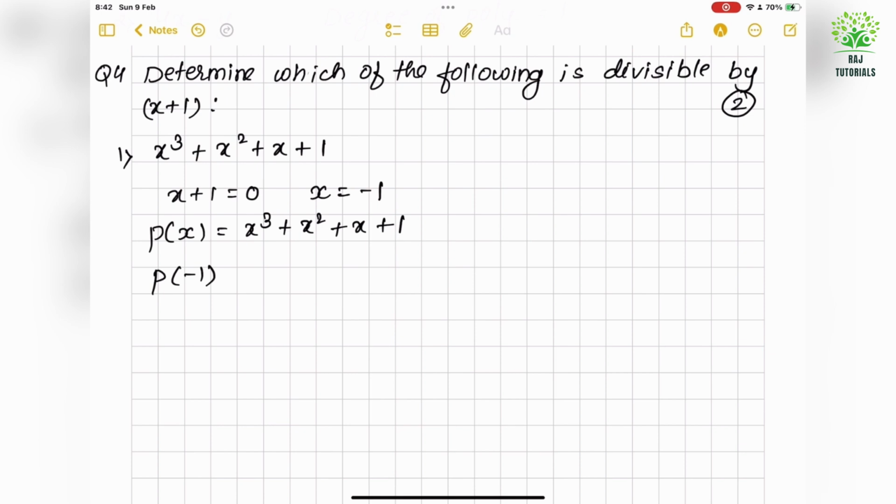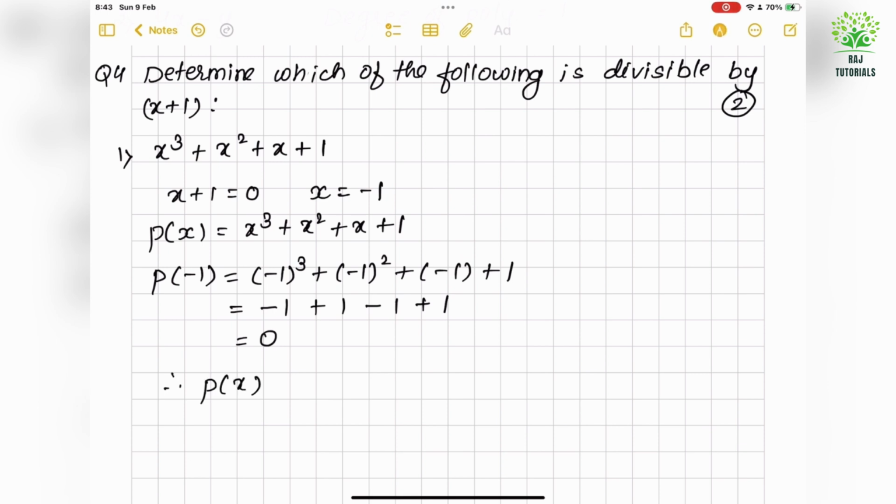So that will be minus 1 whole cube plus minus 1 whole square plus minus 1 plus 1. So this will be minus 1 plus 1 minus 1 plus 1. So that is 0. Therefore I can say p of x equal to x cube plus x square plus x plus 1 is divisible by x plus 1.